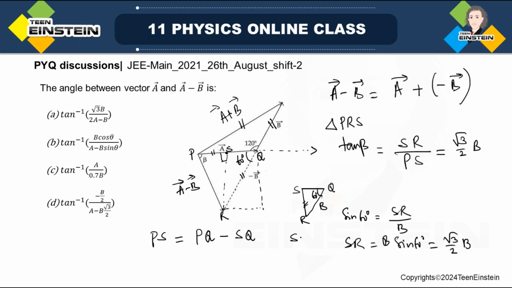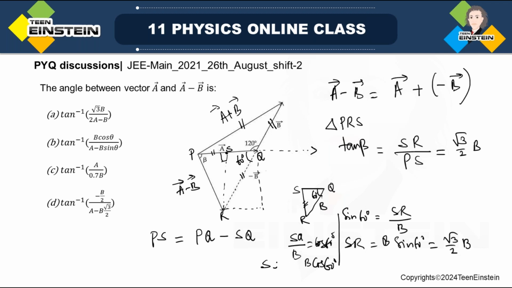So I can write base by hypotenuse: SQ by B is equal to cos of 60 degree, right? So SQ is equal to B cos of 60 degree, that is B by 2.